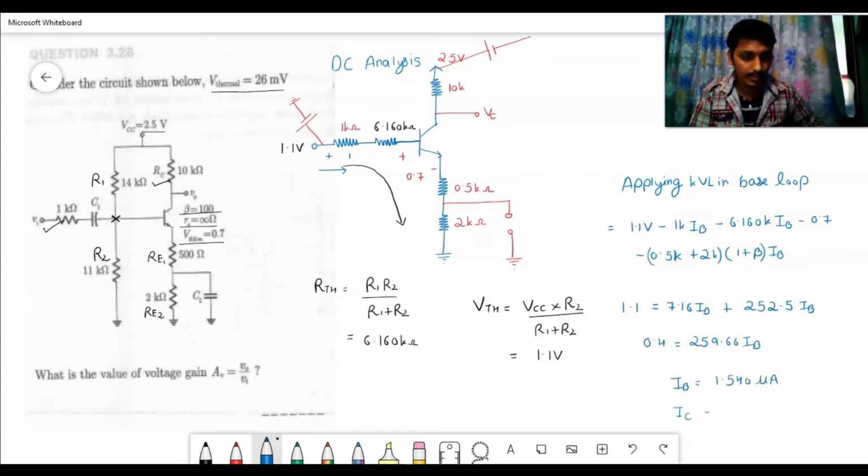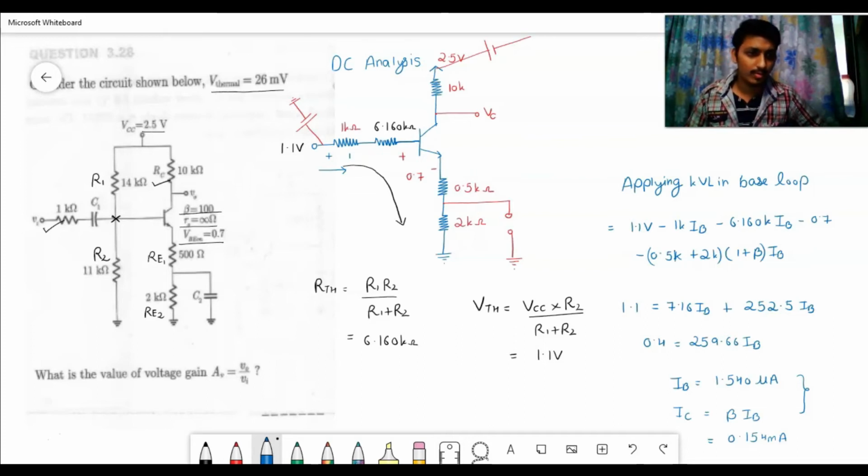Multiplying it with beta, IC equals beta IB, that is into 100, in milliamperes. So I have calculated both the currents, base current and collector current.